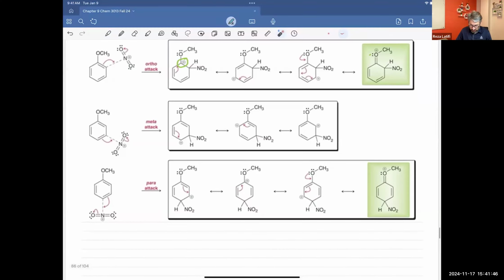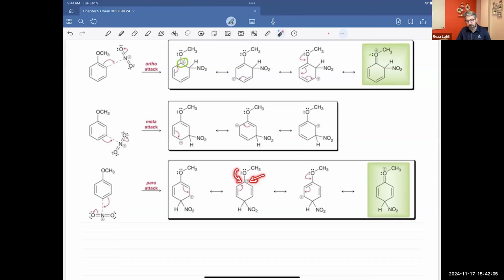And with the para, if we add it to the para position, the positive charge will be here. Can we rearrange it? Yes. I will move the double bond here. Now the positive charge is there. Now that the positive charge is sitting on a carbon attached to oxygen, it can share a lone pair with this carbon.